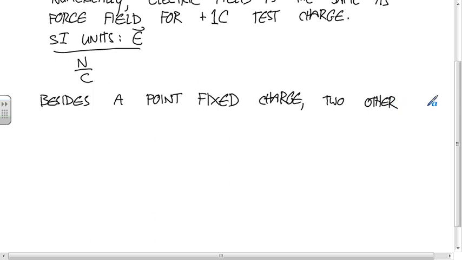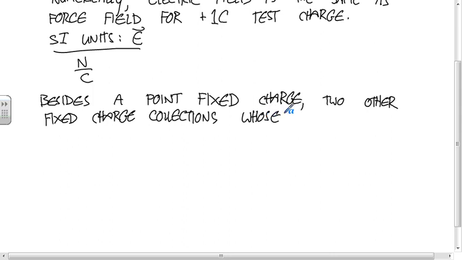There are two other fixed charge collections whose electric fields should become familiar to you. You know what I mean?